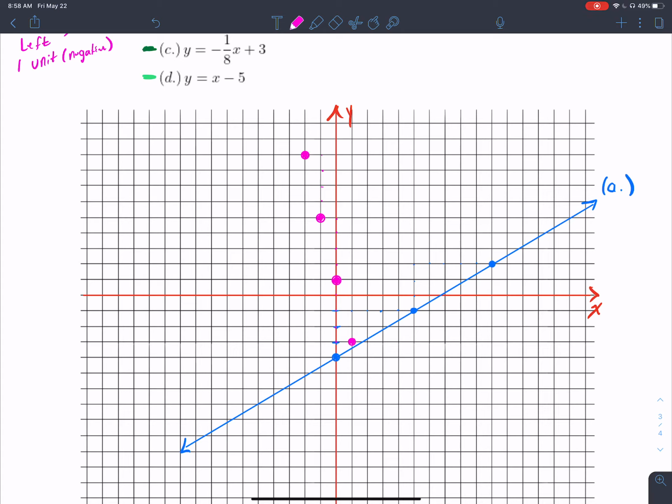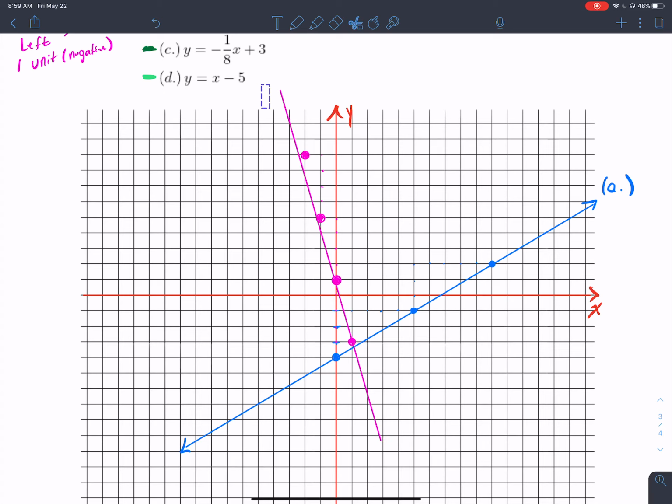So I'm going to try and draw a line as best as I can through all those. And that could be better. It's hard because the grid on here does not snap like it usually does.